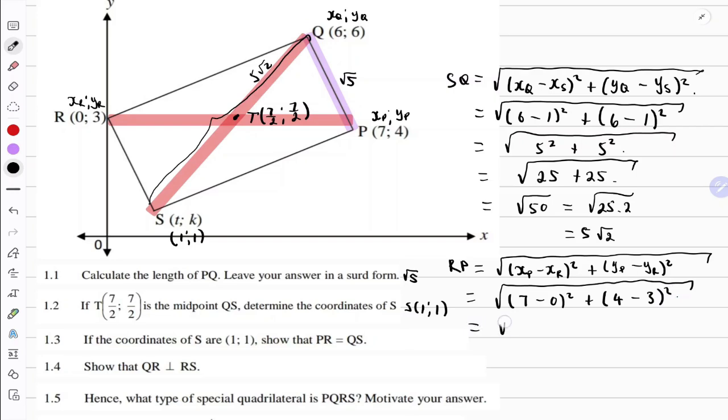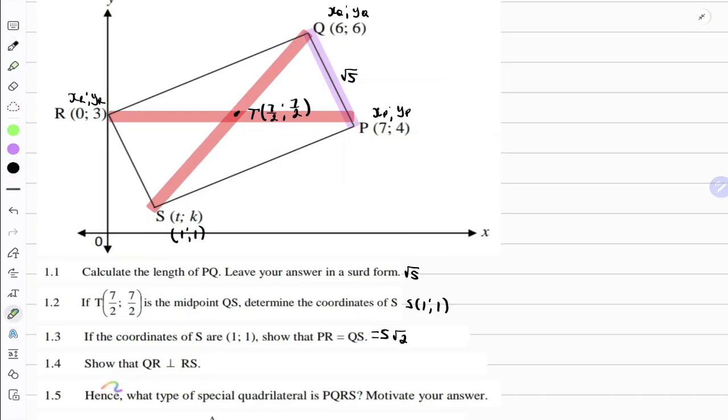So this is equal to the square root of 7 minus 0, which is 7, and 7 squared is 49, plus 4 minus 3 is 1, and 1 squared is 1. So this is equal to the square root of 50, which is equal to 5 root 2. So now we can say therefore PR is equal to QS.